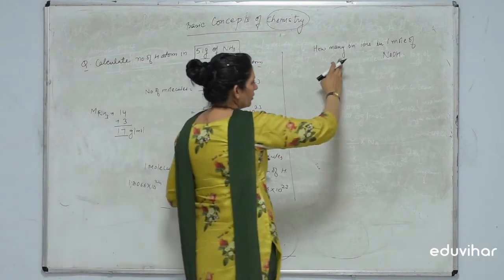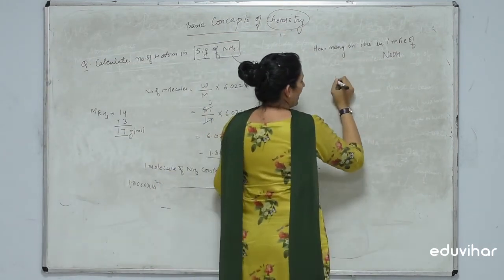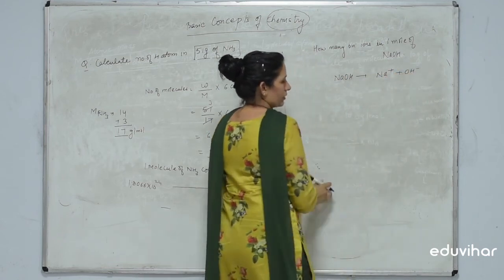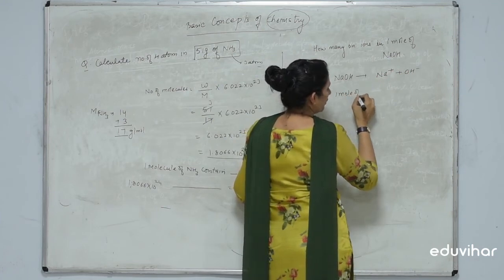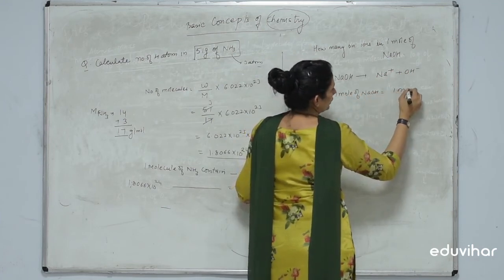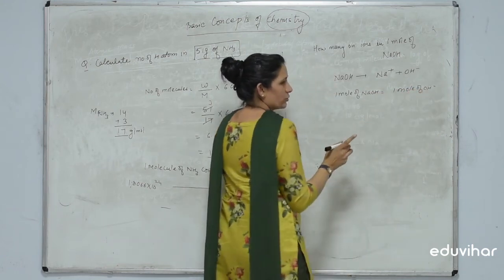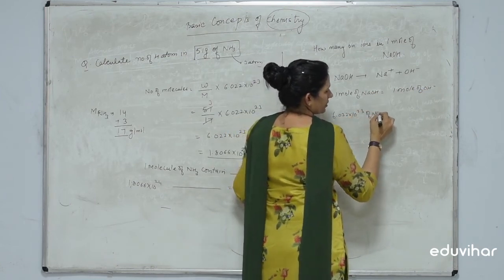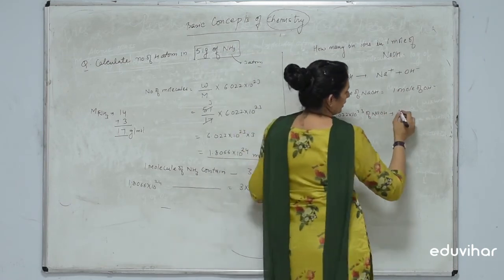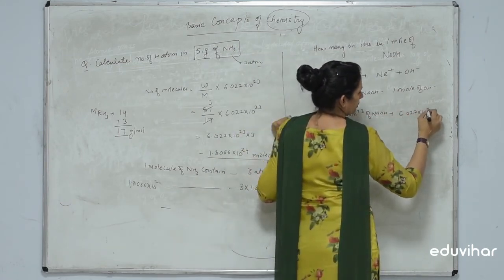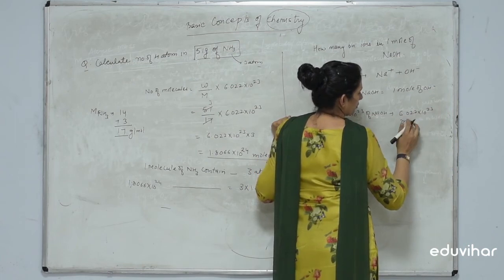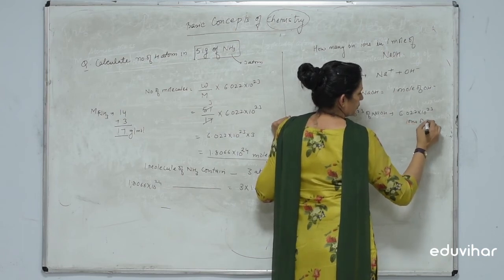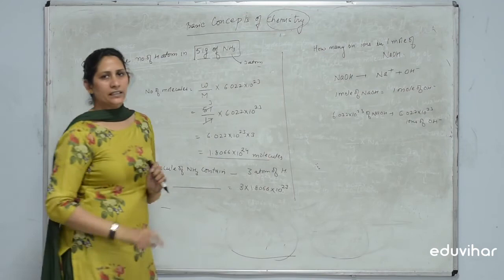NaOH contains Na positive plus OH negative, which means 1 mole of NaOH contains 1 mole of OH negative ions. 1 mole contains 6.022 into 10 to the power 23 of NaOH, so it contains 6.022 into 10 raised to power 23 ions of OH negative. Is it clear?